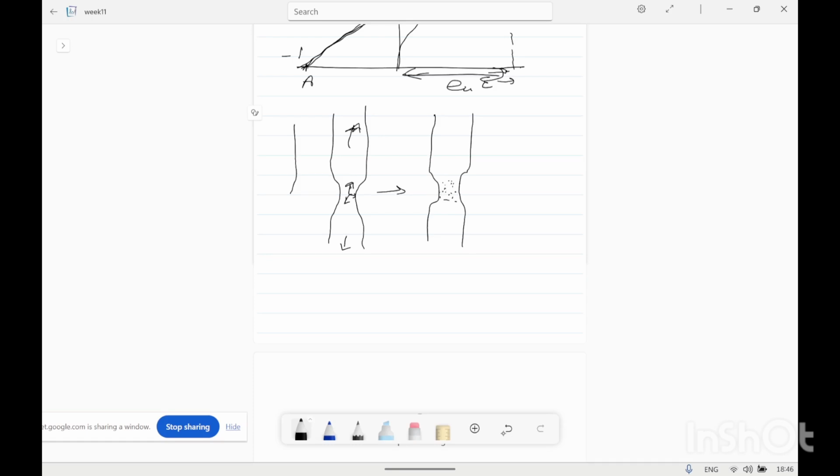At the second phase, particles or oxide inclusions form voids or cavities.